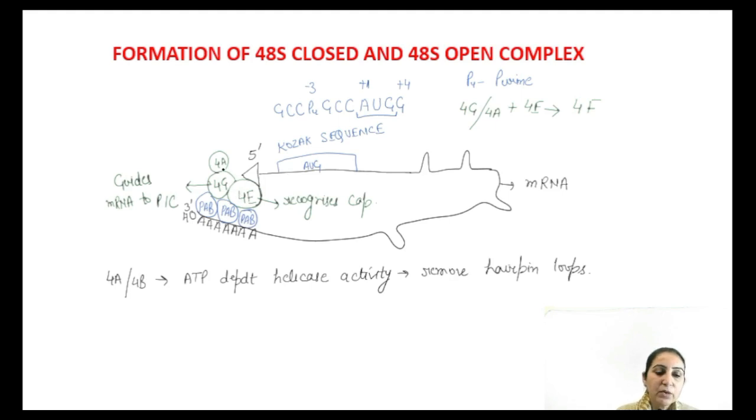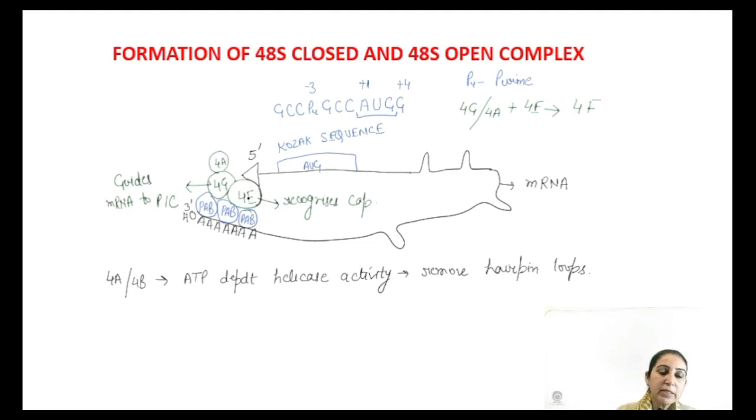Similarly, 4G also can combine with poly A binding proteins as well as with 4E. So, how is 4F formed? 4F is actually a combination of 4E, 4G and 4A.